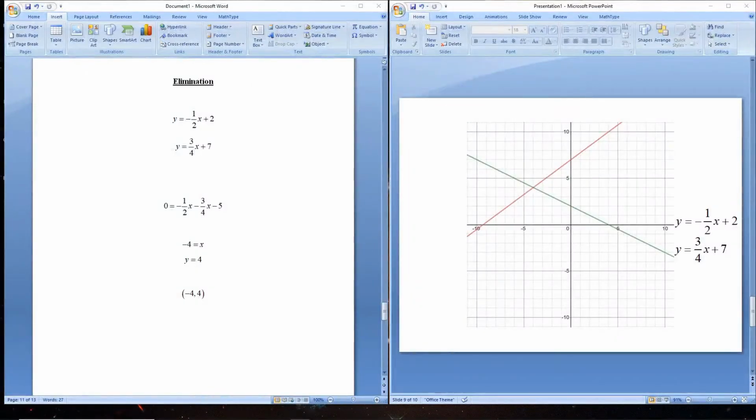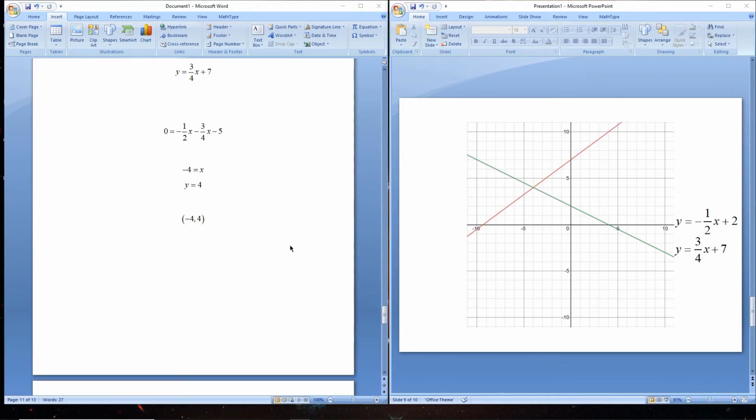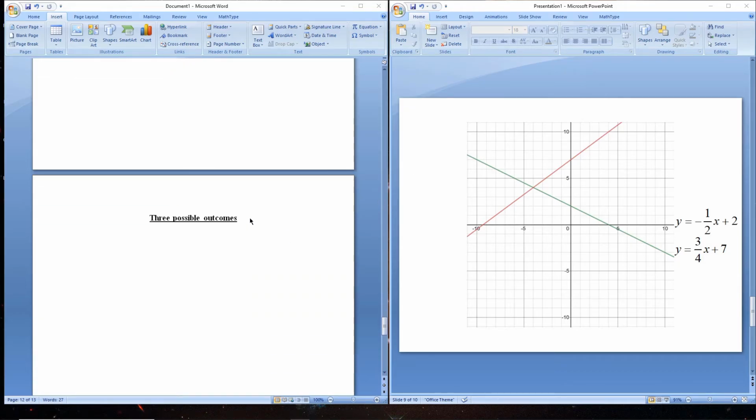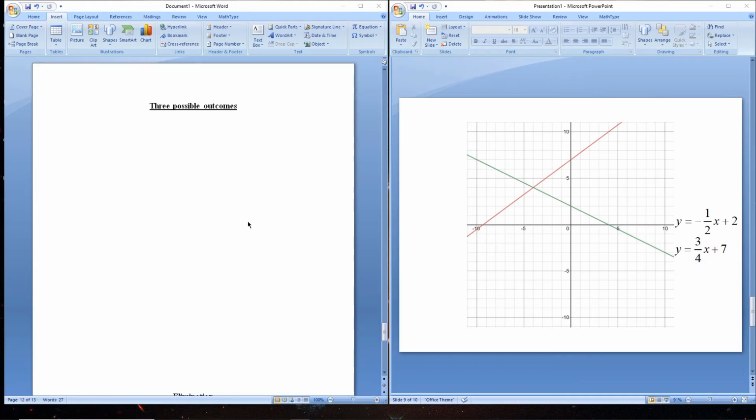So far, all the equations we've done so far have only had one solution. I want to talk for a moment really quick about the 3 possible outcomes that can happen here with these linear equations. One possible outcome is what's been happening so far: that we get one solution.